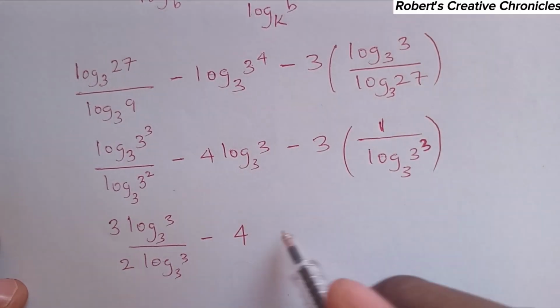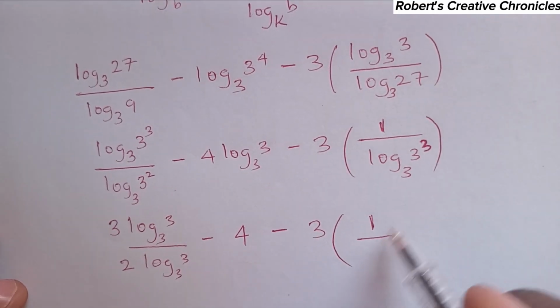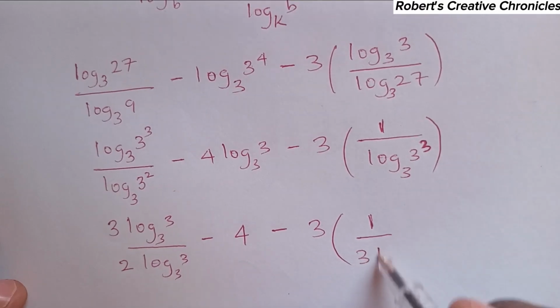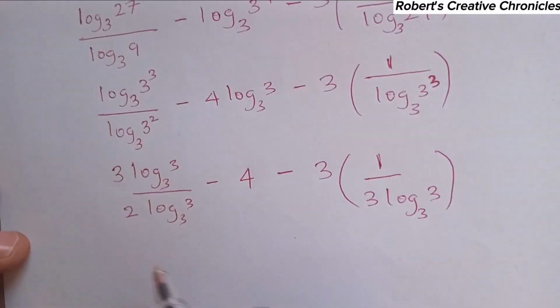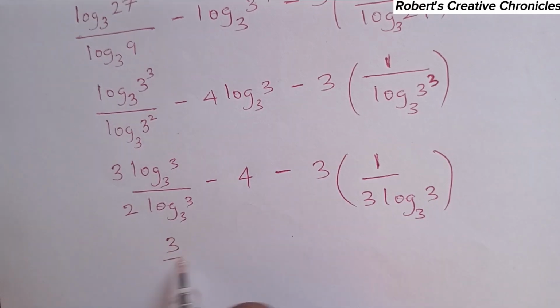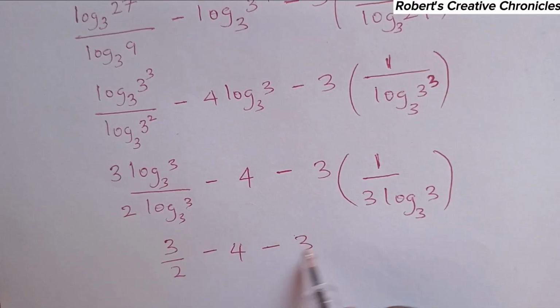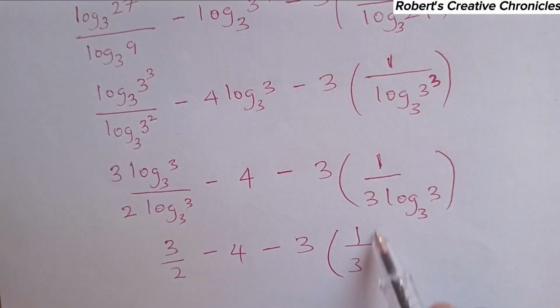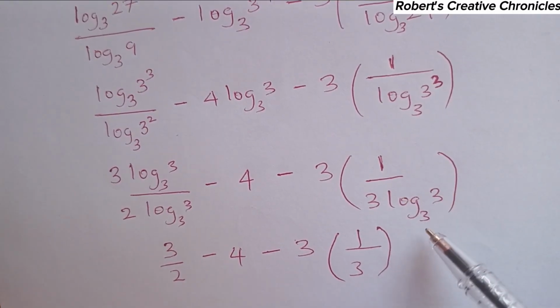And this is 1, minus 3 times 1 over 3 log 3 base 3. So this becomes 1, this becomes 1. So this becomes 3 over 2, minus 4, minus 3 times 1 over 3, since the log of a number to the base of that number is the same thing as 1.